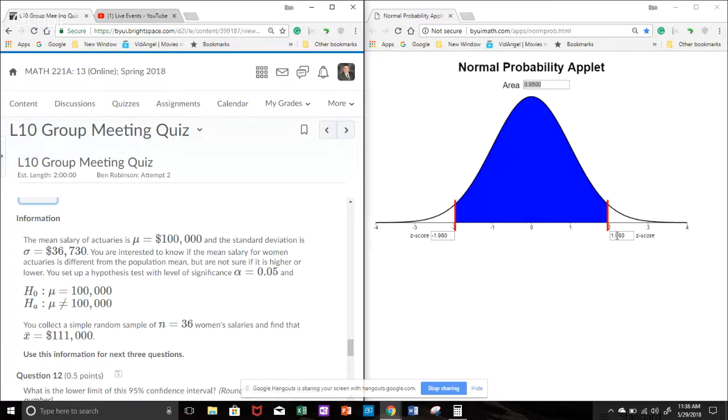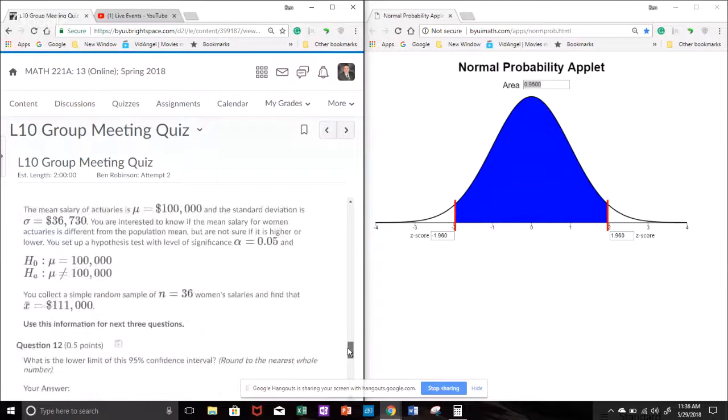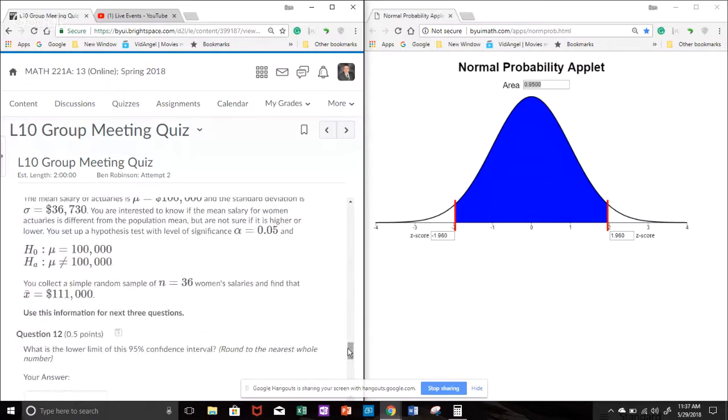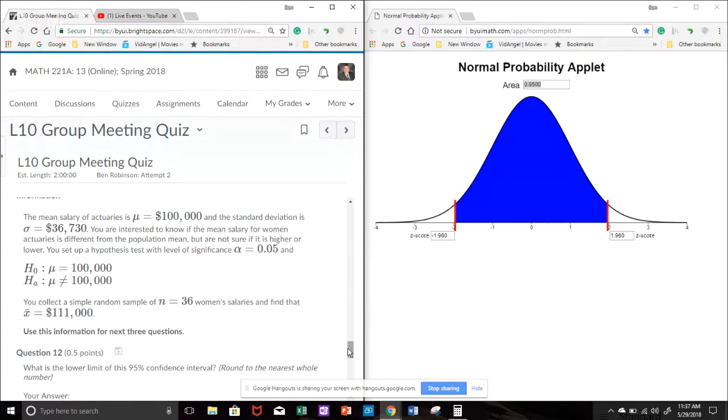So the question is, what is the lower limit? Oh, sorry, we have to find it first. So the standard deviation is 400, right? No, no. Okay, I was in the previous one, sorry.